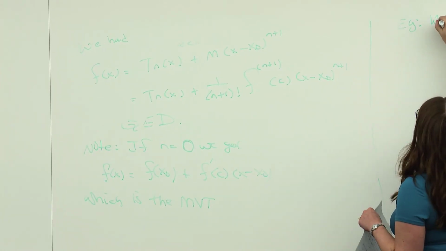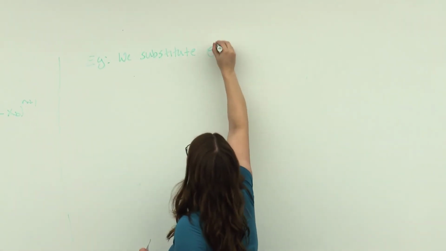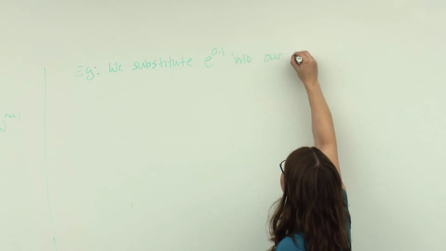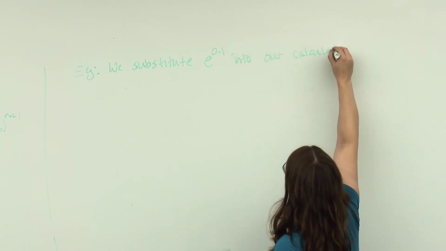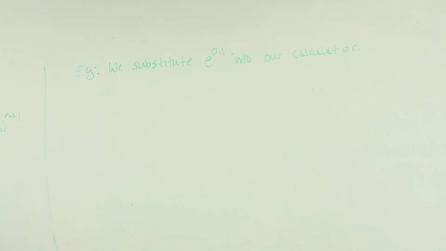Okay, so we substitute e to the 0.1 into our calculator. I'm assuming we have an 8-digit display, and we'd like our calculator to return those 8 digits to us correctly, and then we don't care beyond that what it's doing.